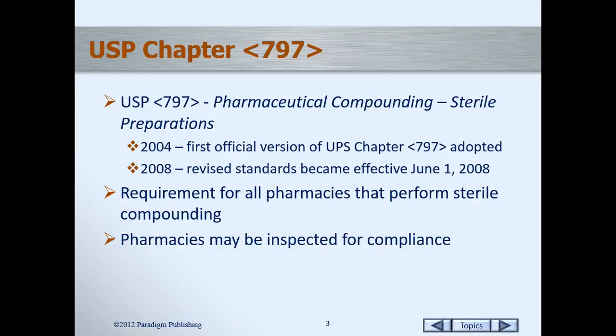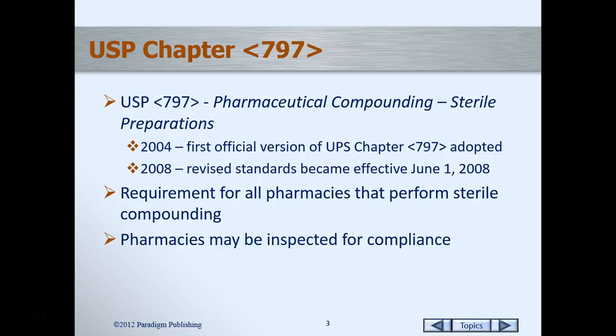So what that did was it required the changes in the environment, so that secondary engineering controls, or the SECs, which includes the anteroom and the clean room areas, and the non-porous surfaces, the air exchanges, as well as the control of the ISO environment, all became enforceable. And that includes the cleaning requirements as well.